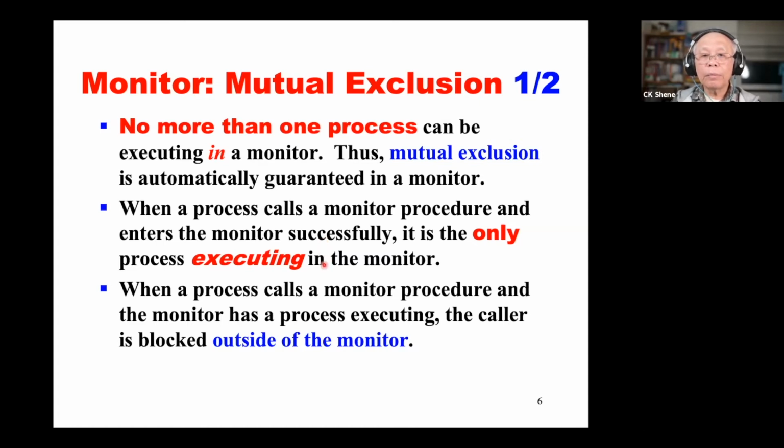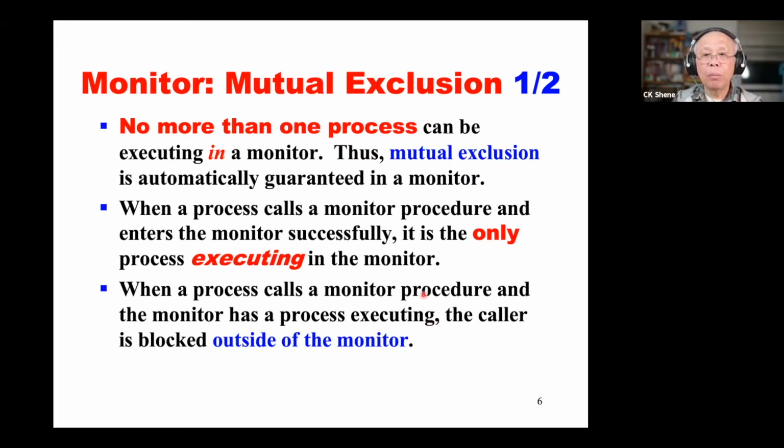But what if, when you call a monitor procedure, someone is already executing inside the monitor? In that case, the monitor will not allow you to enter, because someone is already there. And due to the mutual exclusion property, if someone is already executing in a monitor, you cannot enter. So you wait outside of the monitor, as when you try to enter a critical section but could not enter, then you wait outside of the critical section.